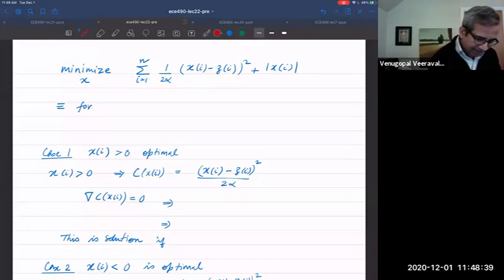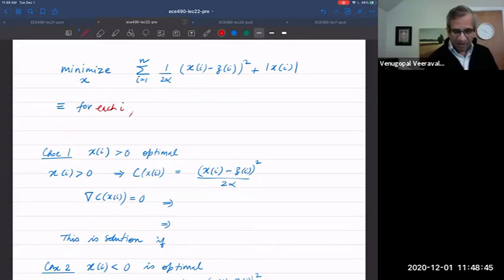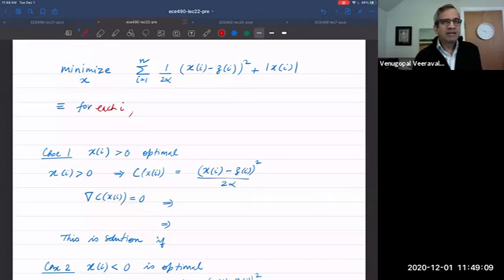So for each i, you couldn't say this if some of the terms could have been negative, but since they're all non-negative, you want to make them all as small as possible, but each one can be controlled by a different variable. You can't use x1 to change the component corresponding to x2, right? So you can only use it to minimize the first term, x1. And similarly, x2 can only be used to minimize the second term.